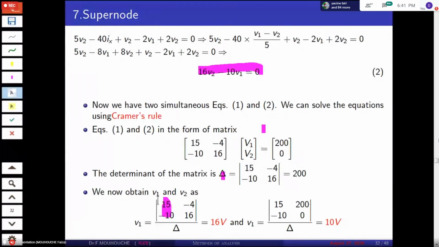Sorry, I will correct it later. We delete this one and replace it by the constants, and here we have V2. Sorry for the error of writing. Yes, we delete this one and replace it by the constants as the previous ones.